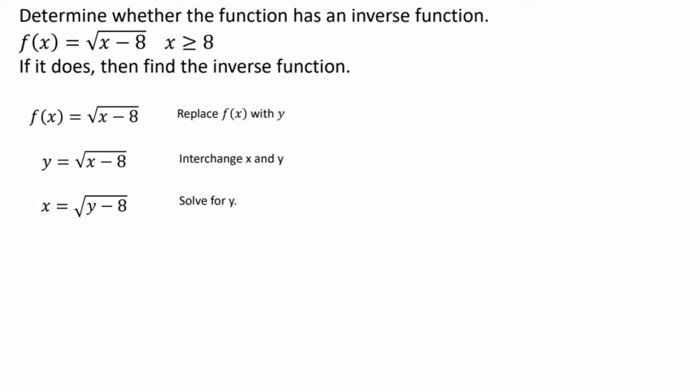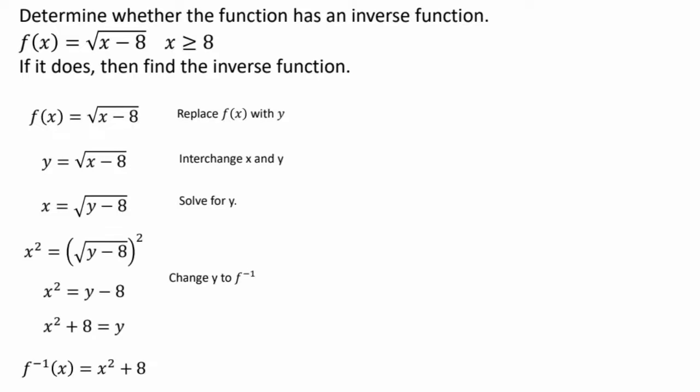So then this gives me x equals the square root of y minus 8. And what I'm going to do now is solve for y. So the first thing that I need to do to get rid of my square root is take the square of both sides. And when I do that, this is going to give me x squared is equal to y minus 8. Now I just have to add 8 on both sides. It's going to give me x squared plus 8 equals y.